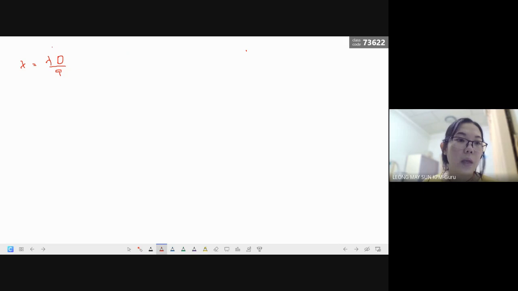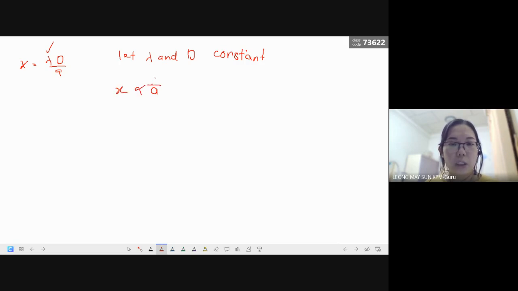We have already varied lambda just now. So right now we let lambda and d be constant, and what we're going to change is a. If you look over here, x and a have an inversely proportional relation.